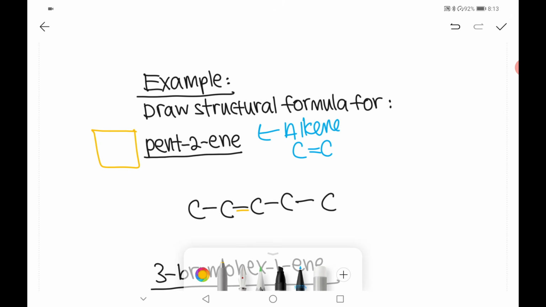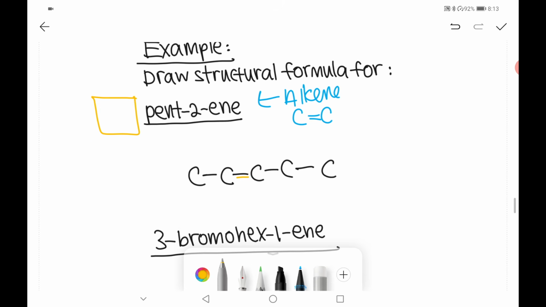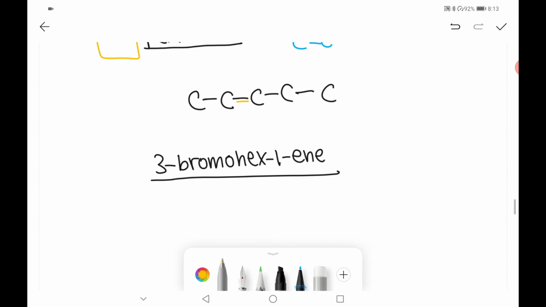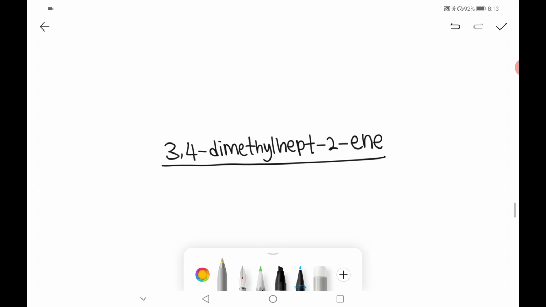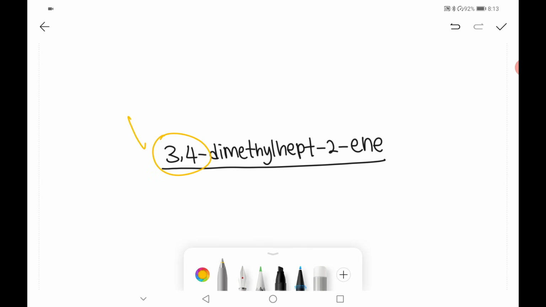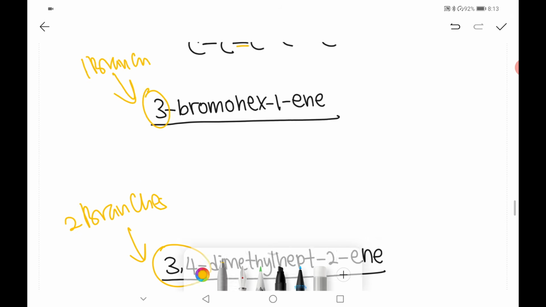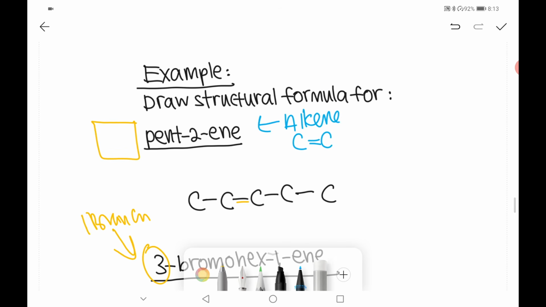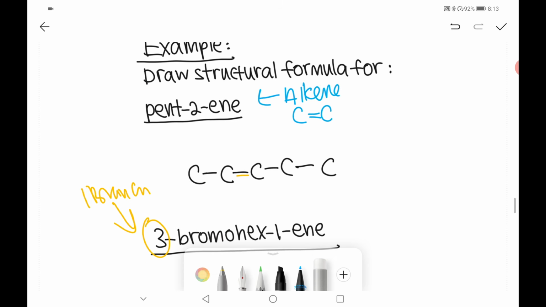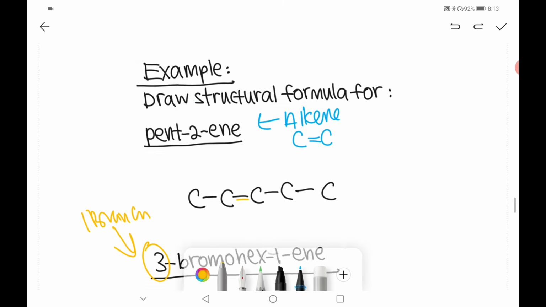If right in front you see nothing, it means no branch. If there is one number in front, it means one branch. If you see 2 numbers, it means you have 2 branches. By looking at the numbers in front, you know whether you have a branch or not. In this case, I don't have any branch at all.